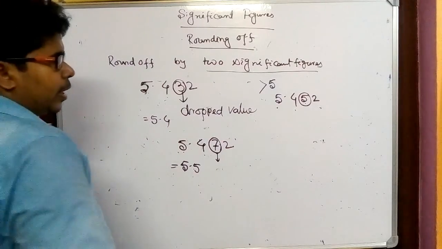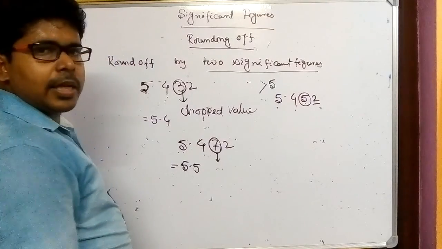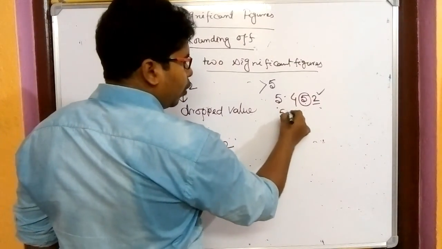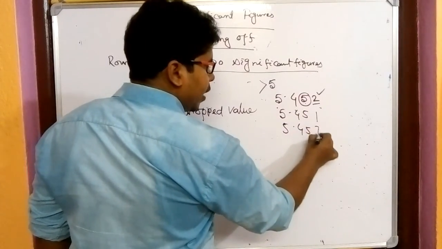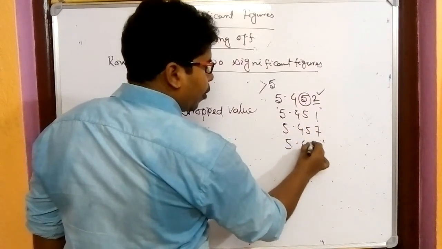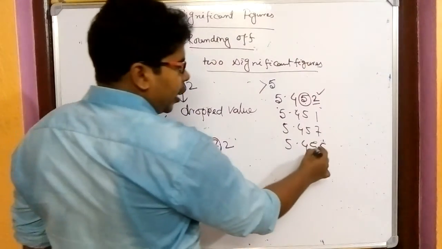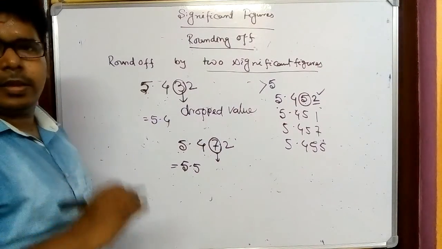So in this case, we have to see after 5, is there any digit? Yes, it is 2. If it is 5.451, if it is 5.457, if it is 5.455. You see, after 5, there is a digit.